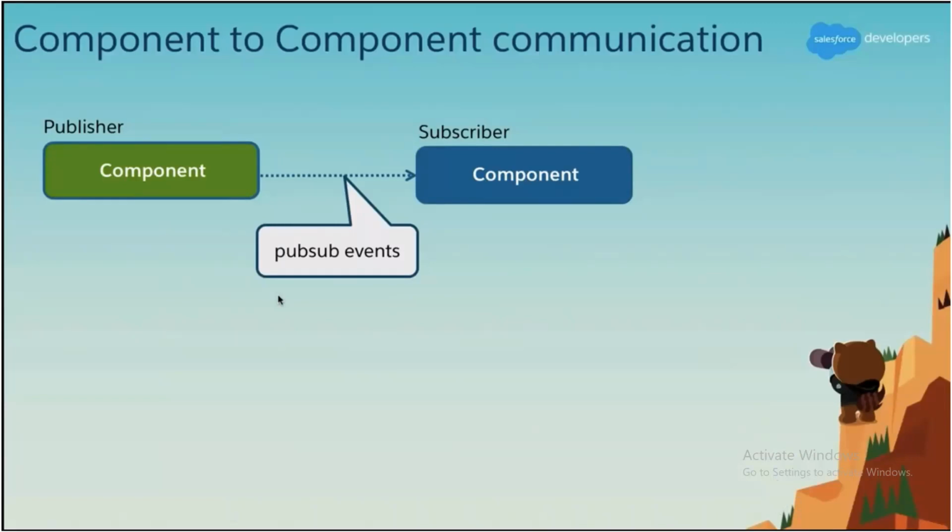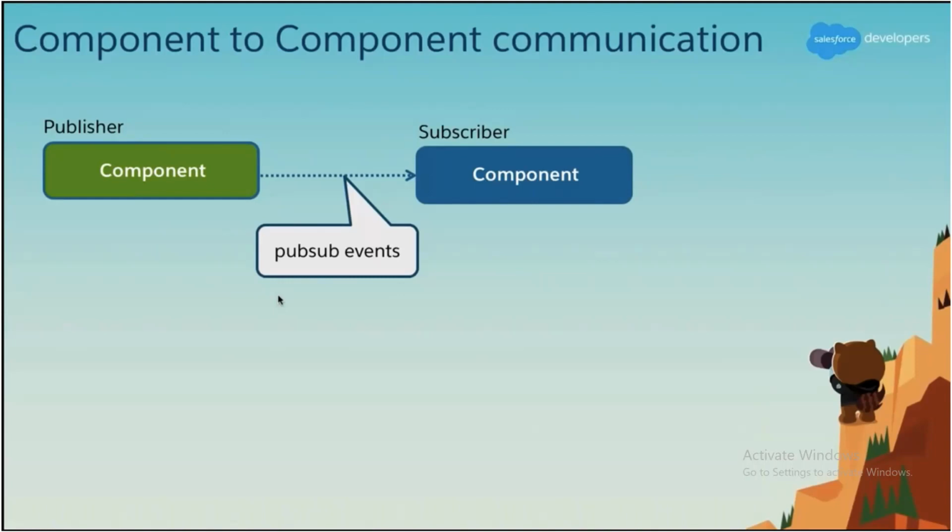However, if we want to transfer data between two lightning web components only, Salesforce suggests using the pub sub model, and that is what this slide talks about, where we will have a publisher and the other will be a subscriber. In that case, we need to create another JavaScript file, that is the pub sub file, with the help of which component to component communication can happen.